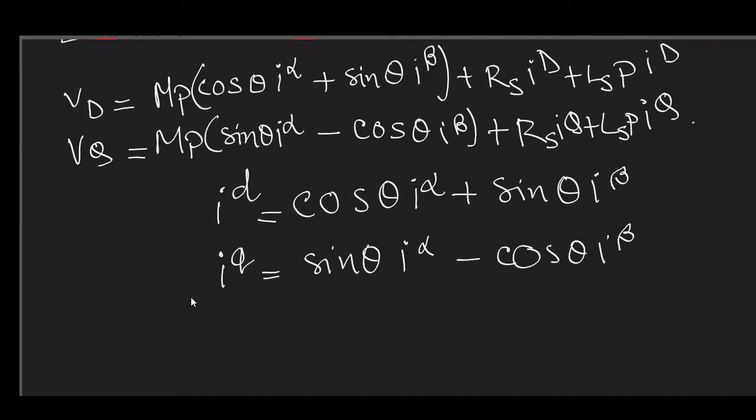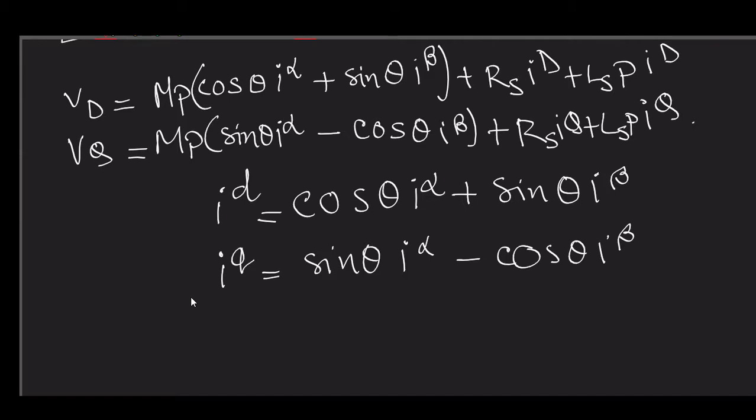So what is that factor? It is very important to understand that small id and small iq are not physical variables. They do not exist in reality, but if we introduce them, they may offer some sort of advantage. But at the same time, during implementation or even simulation, we need to check the magnitude or variation of I alpha, I beta, capital ID, capital IQ.